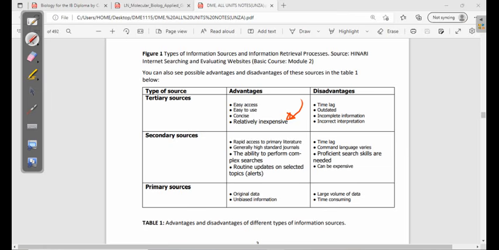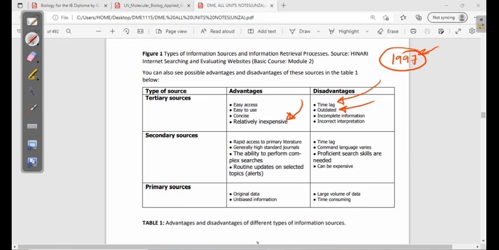But the disadvantage is the time lag. They are behind time. They can be outdated. Because of that, that can be a disadvantage, because maybe a textbook which was written in the 1990s, especially when you are talking about new discoveries being made, especially in the medical field, you might read a book which was written in 1997 and apply it to now, and it can be different because there's a new discovery that has been made.